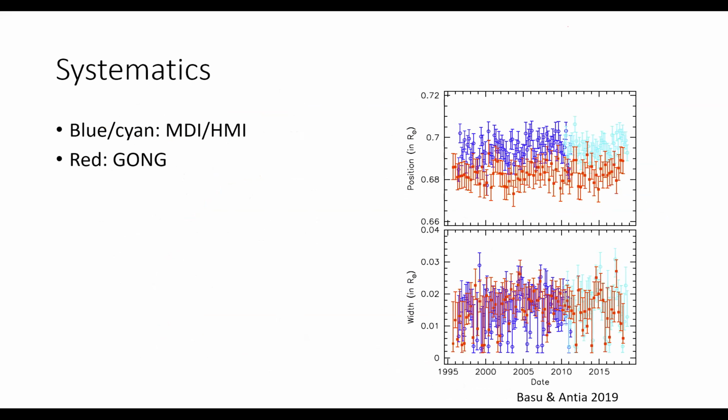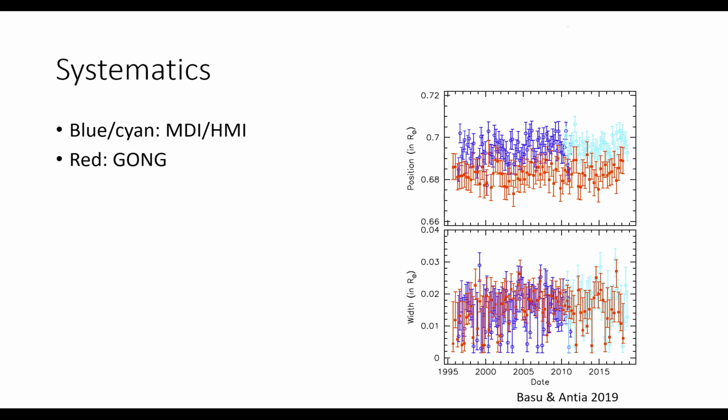The problem is that there are some fairly significant systematic effects. This is an example of the position that you infer for the tachocline, and again that depends on the functional form that they assume, and I can't remember off the top of my head what that is.